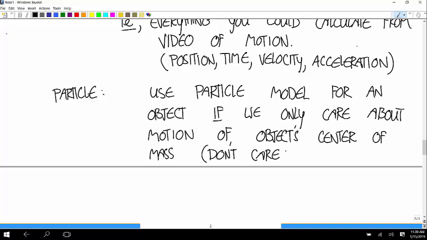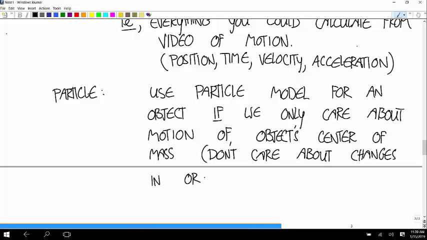We don't care about changes in the object's orientation. And so now you can imagine the same object is sometimes a particle; it depends what you want to know.